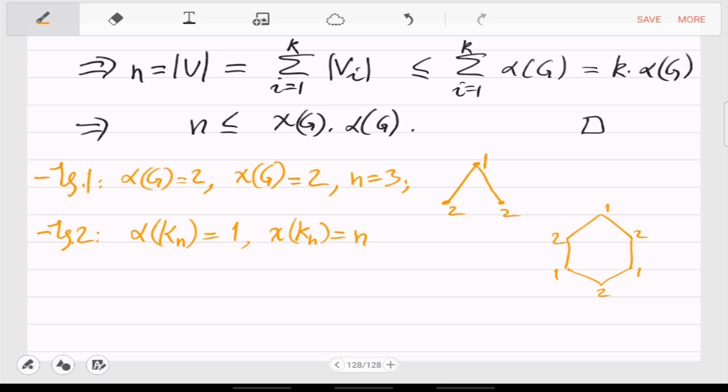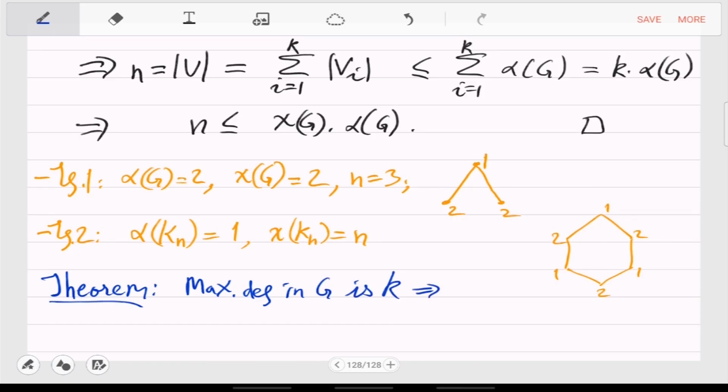Okay, a more interesting result will be relating chromatic number to the degree of the graph. So let's say G has maximum degree k, then the chromatic number cannot exceed k plus 1. Maximum degree means that you go over all the vertices and maximize over the vertices.